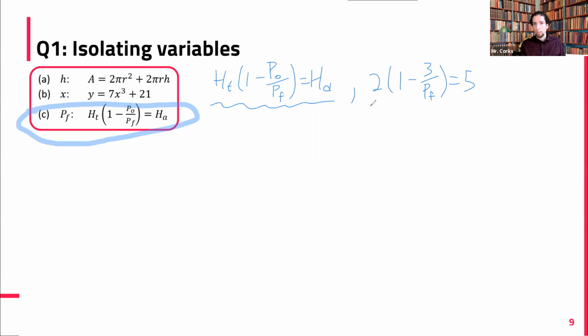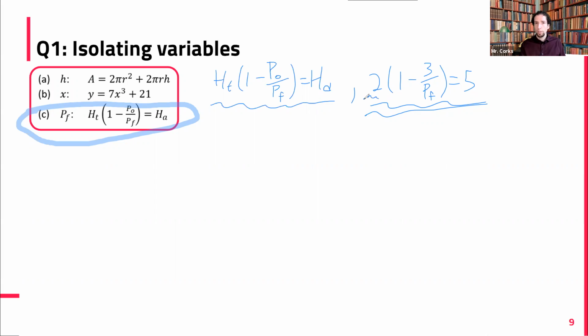Okay, so if we look at it like this, and I ask you to solve for PF, it's probably a little easier to think about, right? So looking at this version on the right, if I want to solve for PF, what's the first thing I should do? Divide both sides by 2.